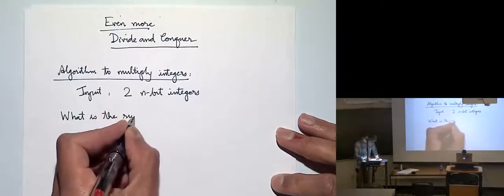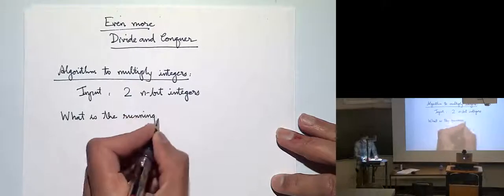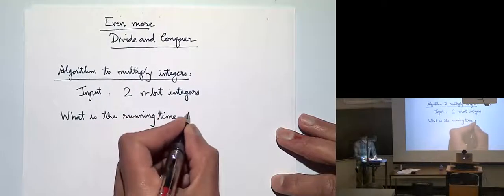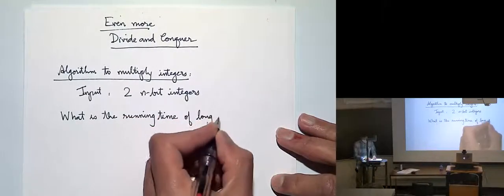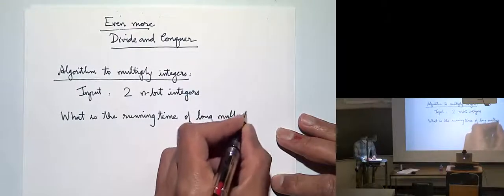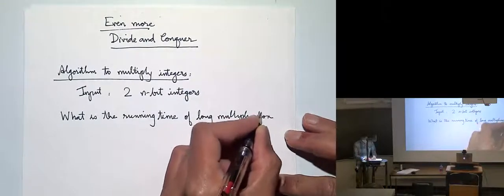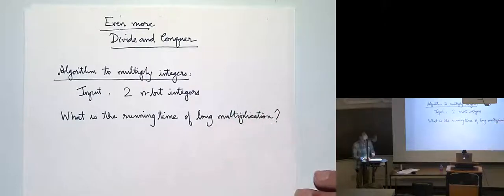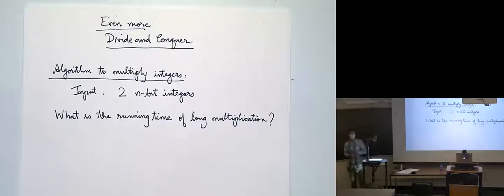Right, and long multiplication is the multiplication that we all know and love, have been doing since grade school. What is the running time?